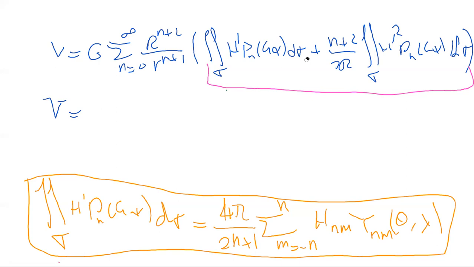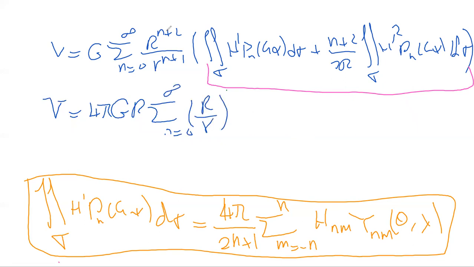So I will write 4 pi G 1/r, I take 1/r out, from 0 to infinity, r to the n plus 1, and the summation comes.